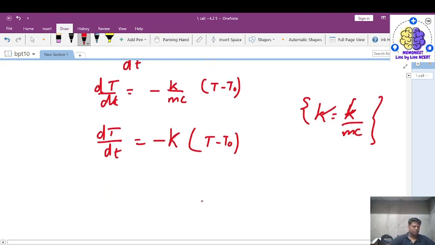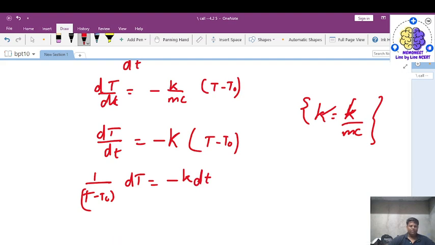Now we can write 1 upon (t minus t naught) into dT equals minus K dt.